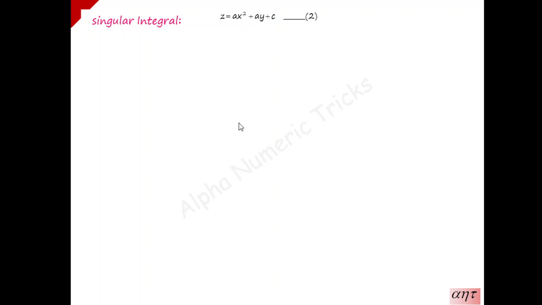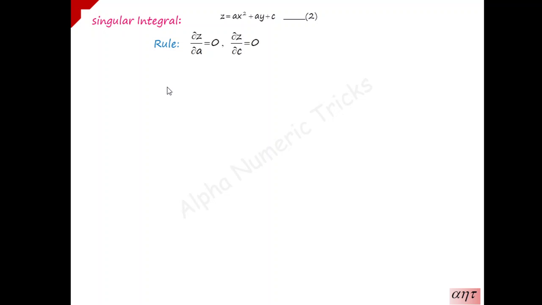The singular integral and general integral working rules are the same for all types of problems. Now what is your working rule? First you have to differentiate this complete integral partially with respect to the available arbitrary constants a and c, and using the rule dou z by dou a is equal to 0 and dou z by dou c is equal to 0, we have to eliminate the arbitrary constants to get a singular integral.